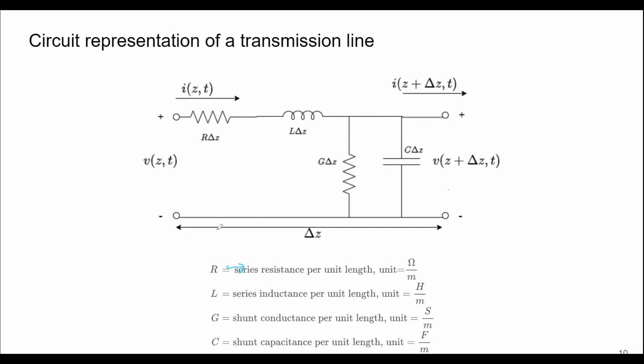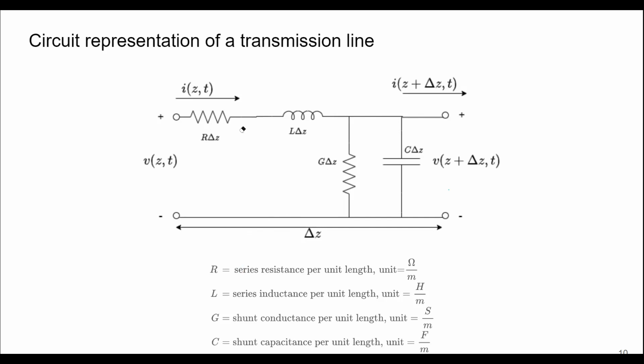When we are defining the values for the resistor, inductor, capacitor and conductance, we define the value for resistance, inductance, capacitance and conductance per unit length, right? The capital R here is defined as the series resistance per unit length.